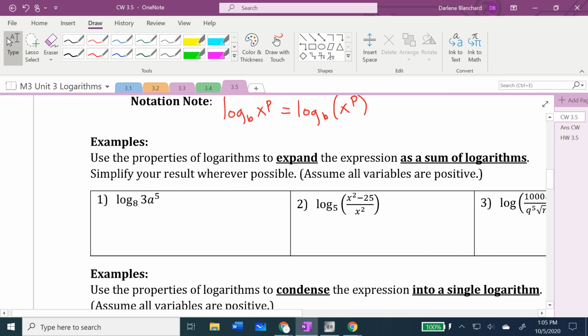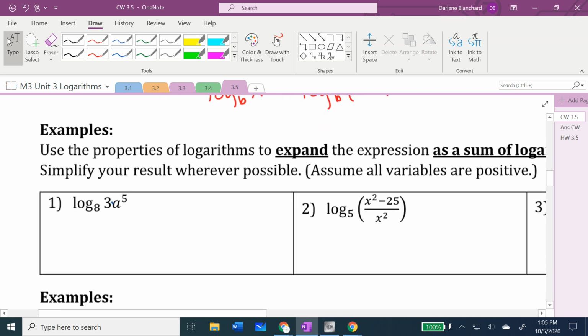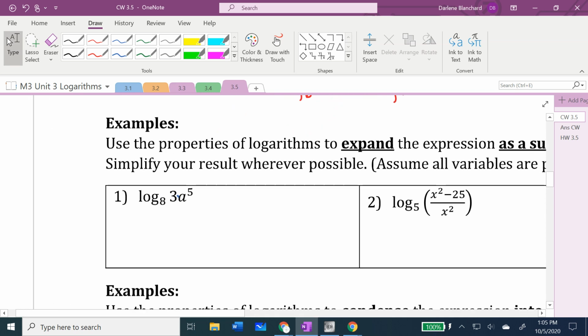Okay, here we go. Expanding. We're going to go a step further with expanding. First, you should see that you have multiplication between 3 and a to the 5th power. So you have log base 8 of 3 plus log base 8 of a to the 5th power, going back to that sum rule that we learned last week.